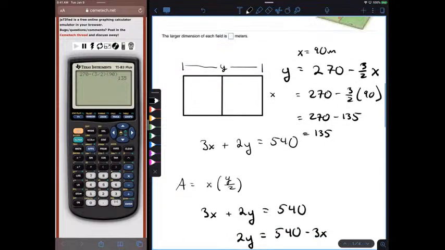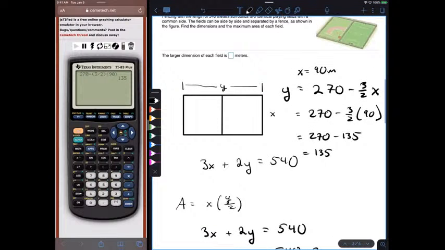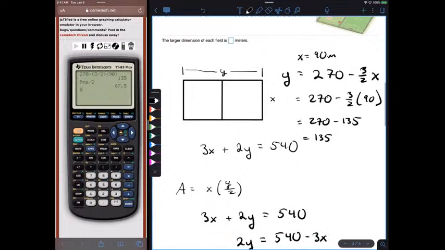Okay. So if that's our y, then if we divide that by 2, it looks like the dimensions of each field will be 90 by 67.5.